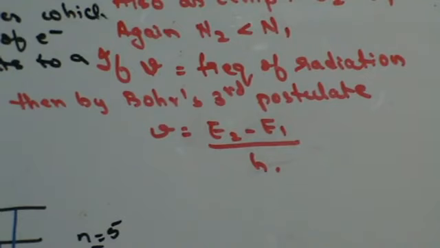If radiation of frequency V is incident on a surface, if the radiation of light is incident on a surface, more atoms will be raised to higher energy level, E2, by absorbing the photon energy.